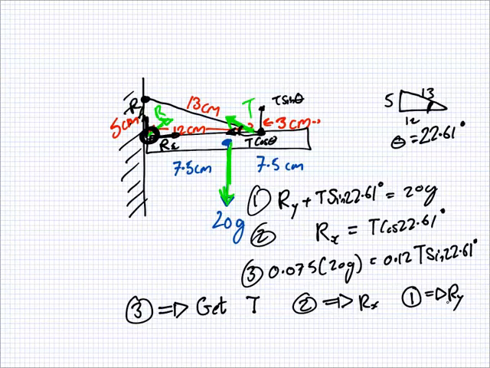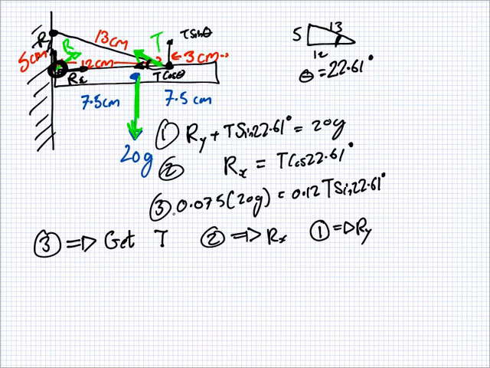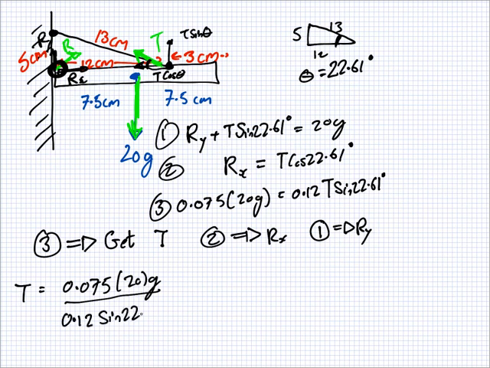So let's calculate. T is 0.075 times 20G over 0.12 times sine 22.61. What's that?